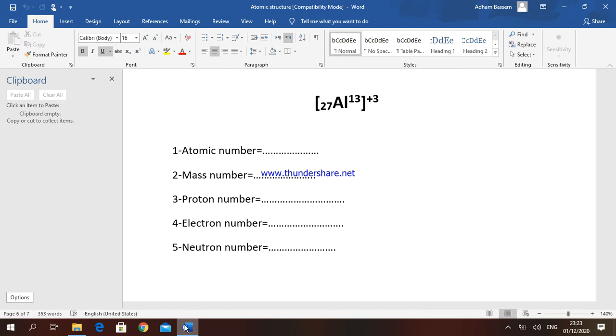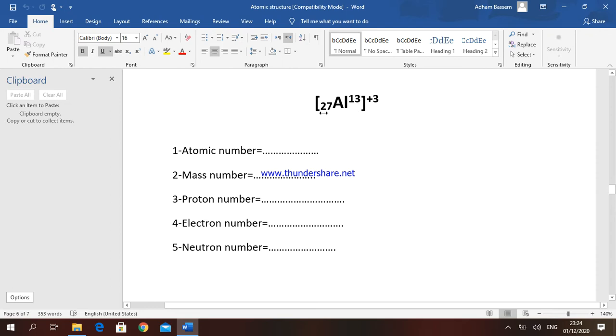Okay, so the atomic number of aluminium equals 13, while the mass number of the aluminium atom equals 27. Again, the atomic number of the aluminium atom equals 13. Okay, that means the number of electrons and protons equals 13 in the ordinary state.